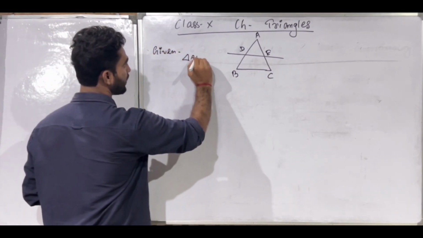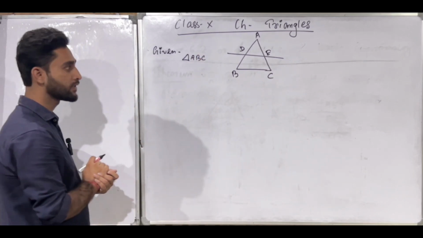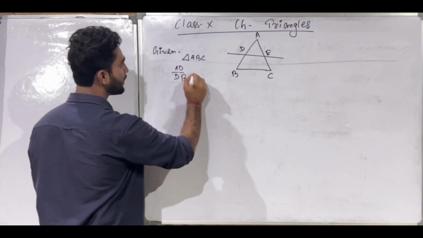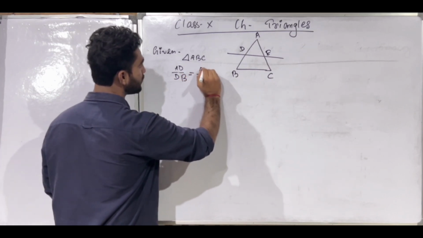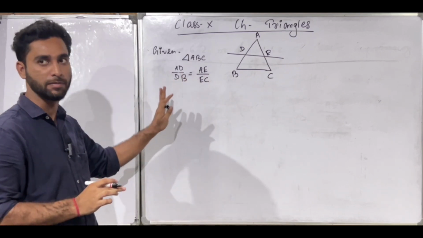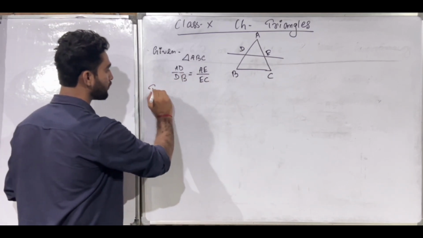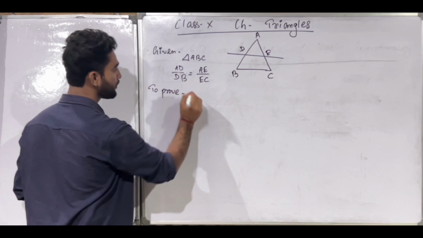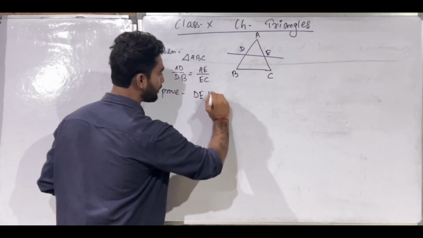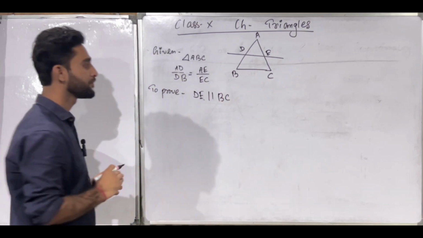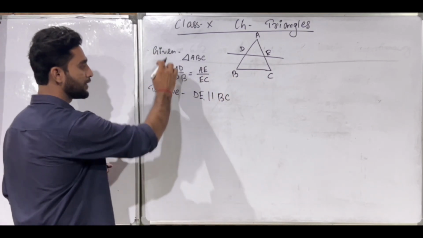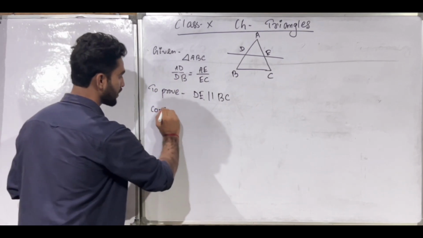One triangle ABC, and in this triangle AD divided by DB is equal to AE divided by EC. Now, to prove: we have to prove DE is parallel to BC. Next step is construction.